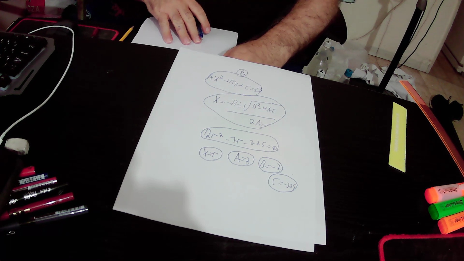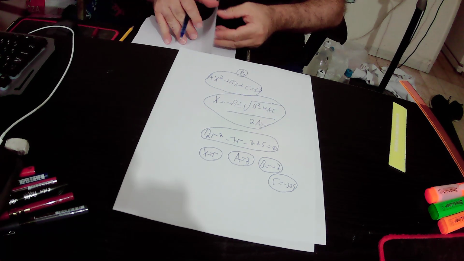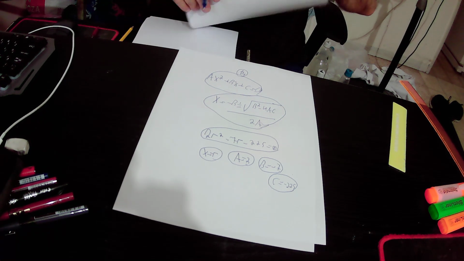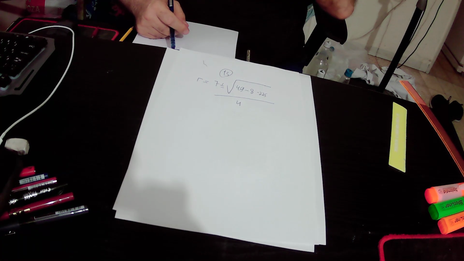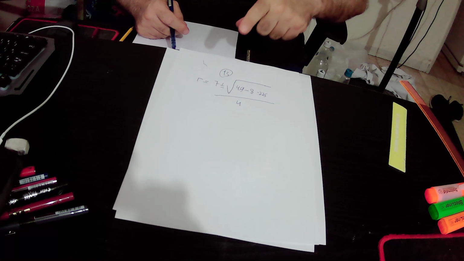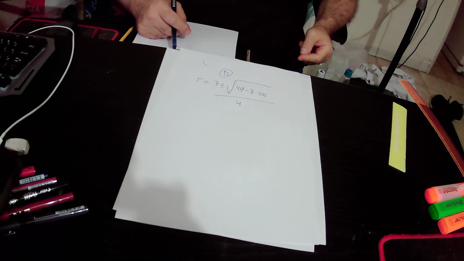So in total we got that r equals 7 plus minus root of 49 minus 4 times 225 is 1800.